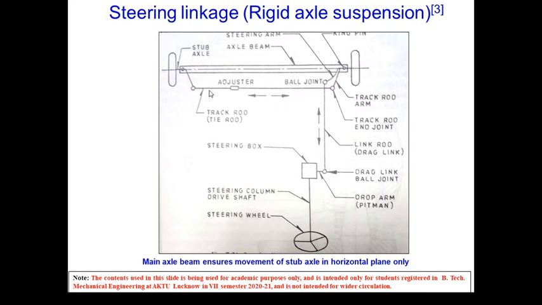So the steering linkage depends upon the type of vehicle, whether it is a car with independent front suspension or a commercial vehicle generally having a rigid axle type of suspension.